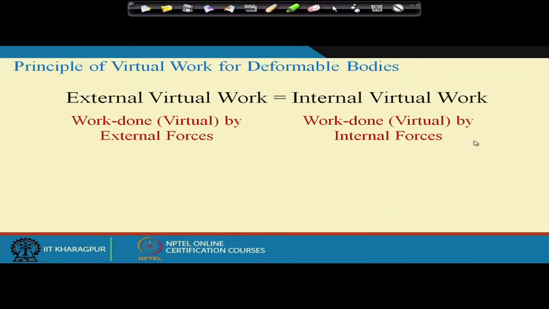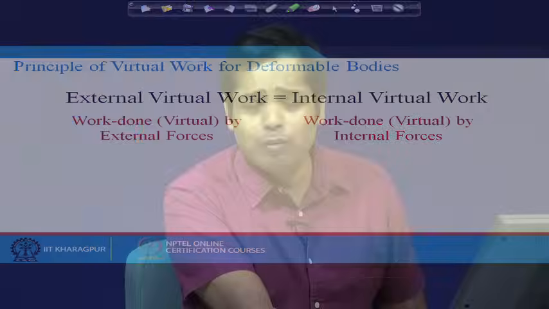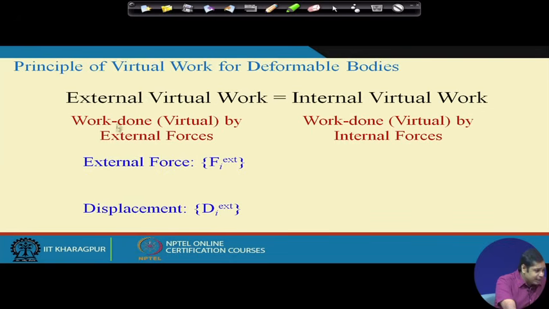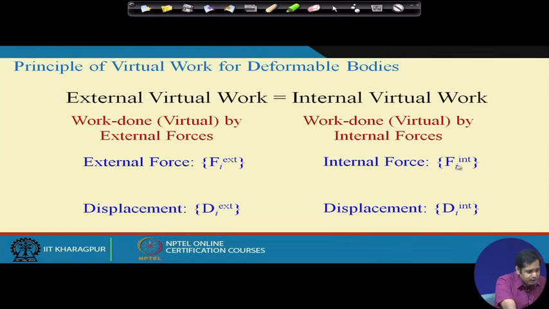Whenever we say work done, two important things are involved: the force and the displacement, the associated force field and displacement field. For the external case, the force is F external and the associated displacement is d external. Similarly, for the internal case, this is the F internal force and this is the associated displacement.